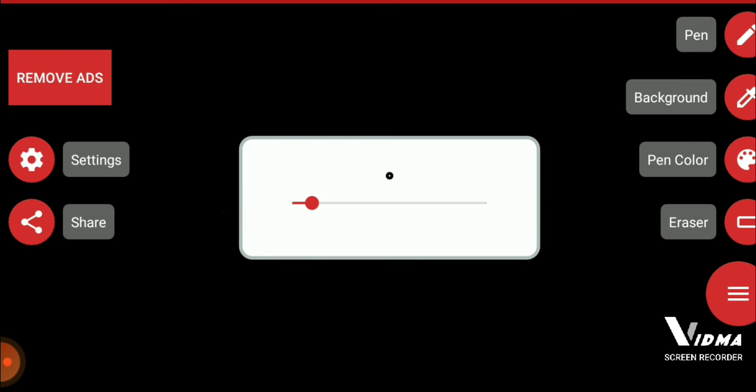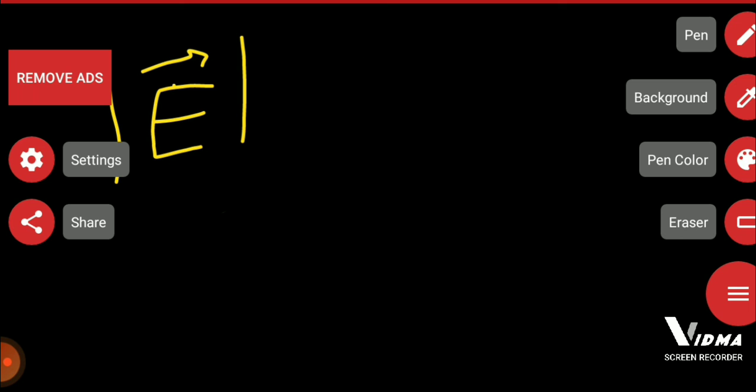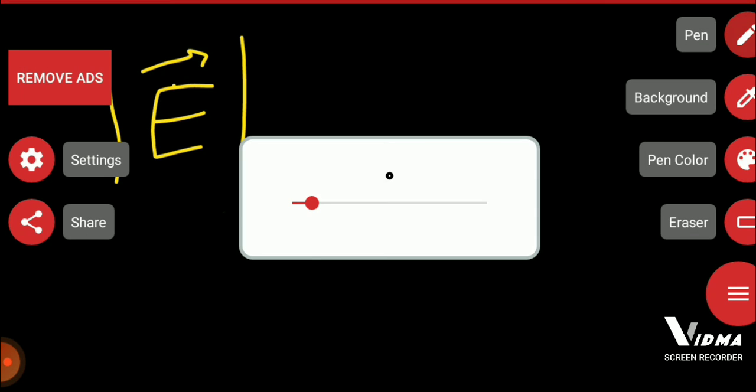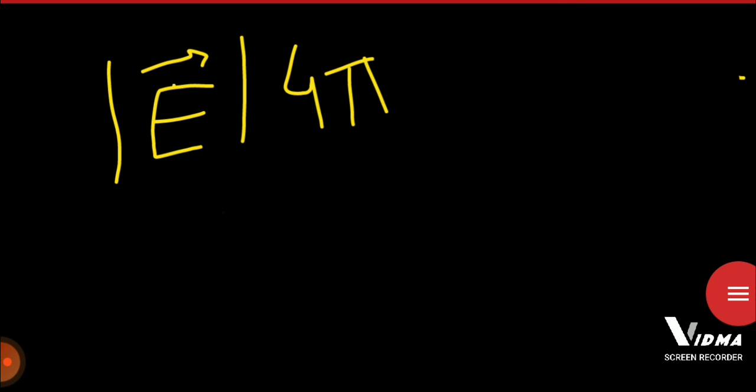I am writing here only the magnitude, not the direction. So E times 4 pi r square. This dot is not a dot product now because we have done the dot product already, that is cos 0. So E times 4 pi r square equals q by epsilon naught.